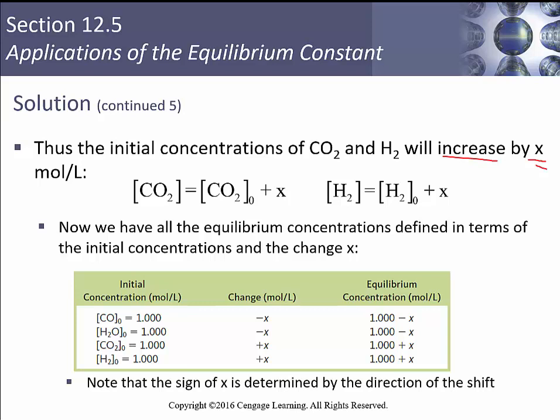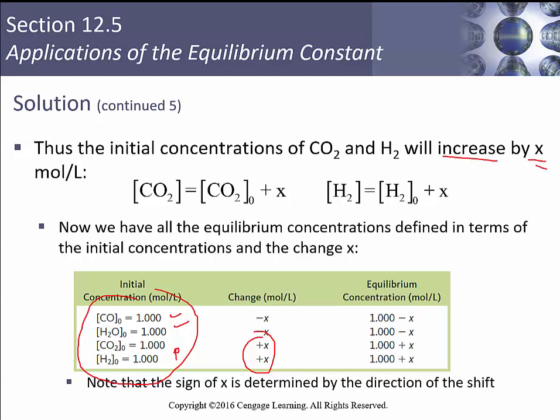Now we have all the equilibrium concentrations defined in terms of the initial concentrations, what we started with, and X, what our change was. So we've got all of our initial concentrations over here. That was super easy. That was all 1. And then we're going to change, right? We're going to lose a little bit of our 2 reactants, and we're going to gain a little bit of our 2 products.